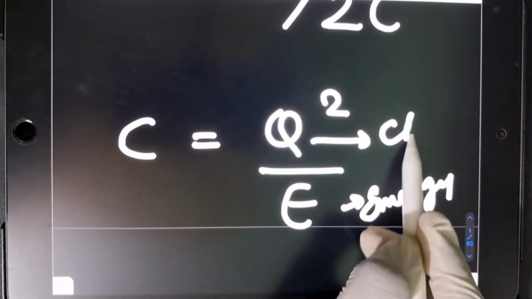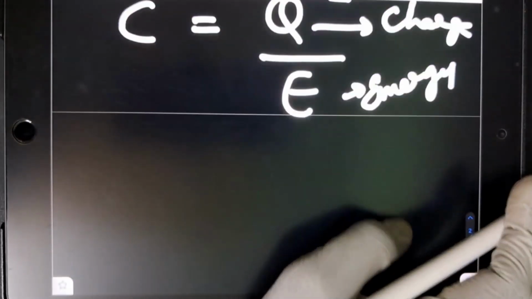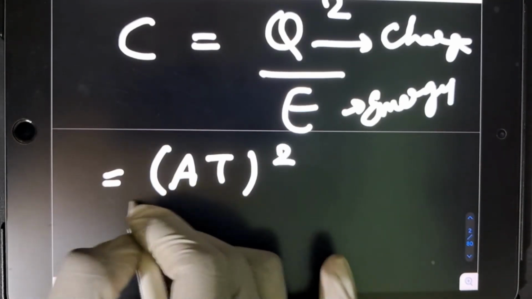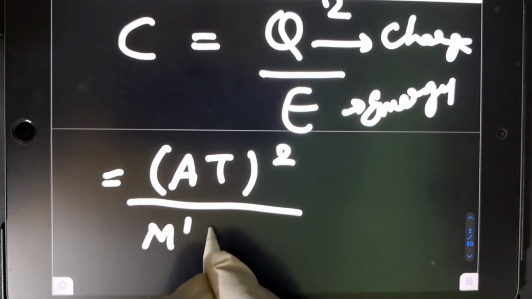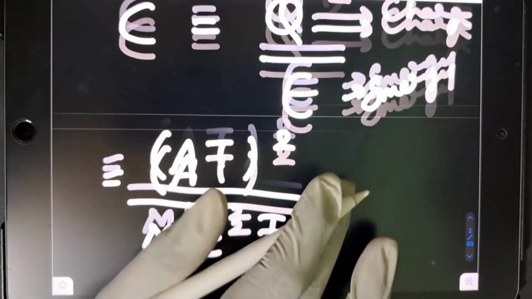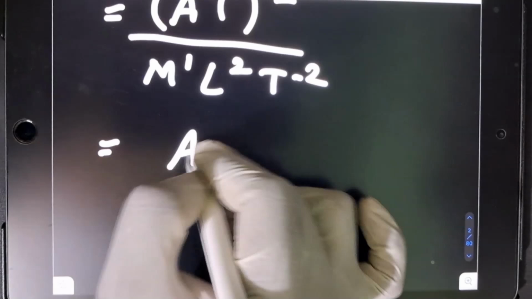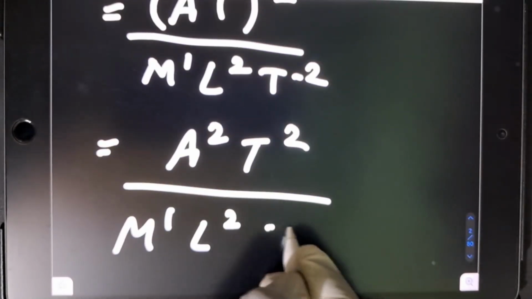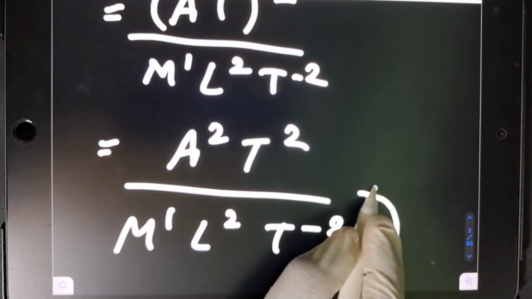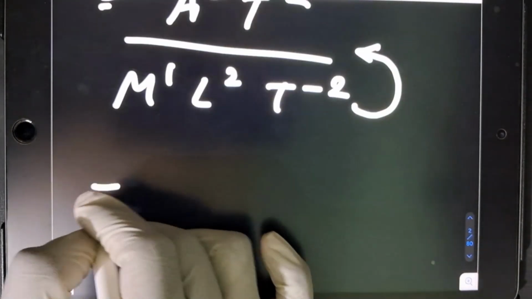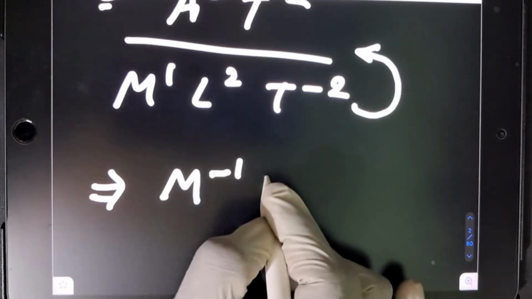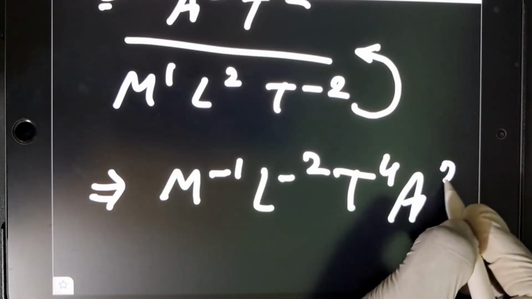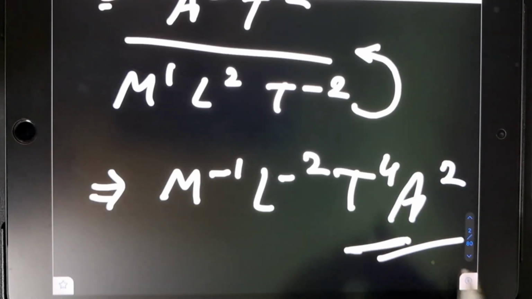Charge is equal to current into time, so Q is equal to A into T. So Q squared by energy M^1 L^2 T^-2 gives A squared T squared by M^1 L^2 T^-2. On reciprocal, we get M^-1 L^-2 T^4 A^2, the dimensional formula of capacitance.